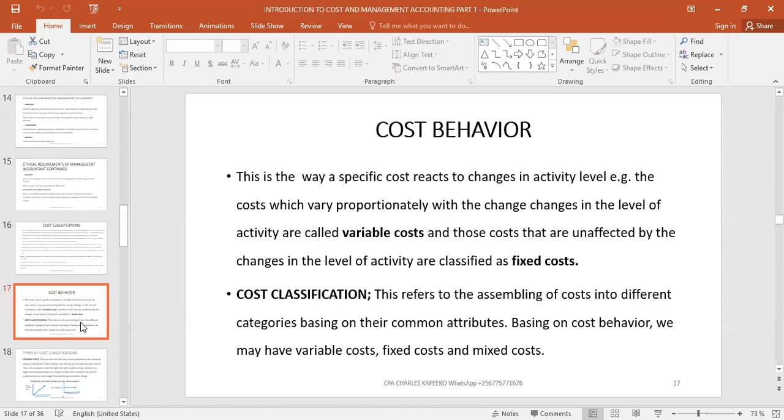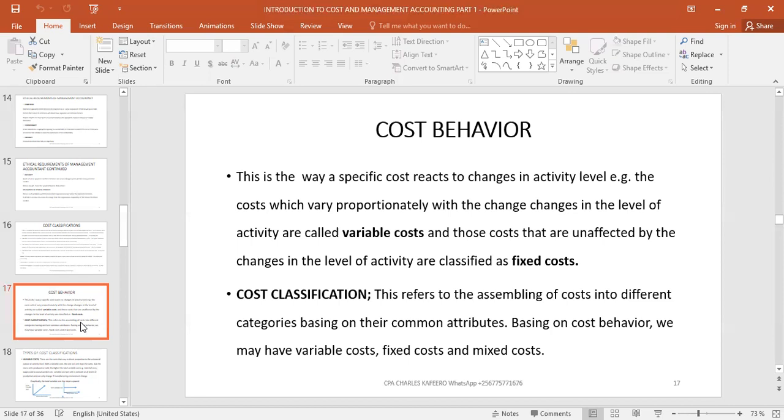So when you are defining, it's very nice to add that word. Let's say they don't change in the short term or in the short run, because there are some conditions where in the long run it may change.